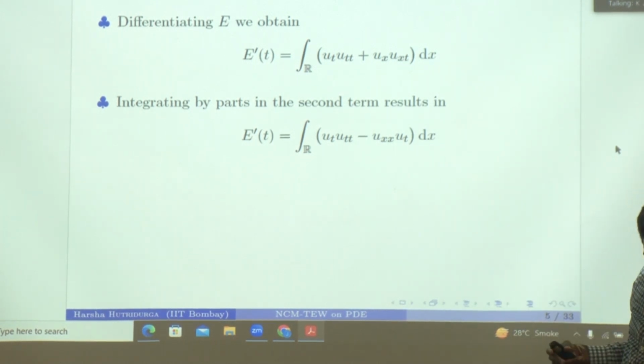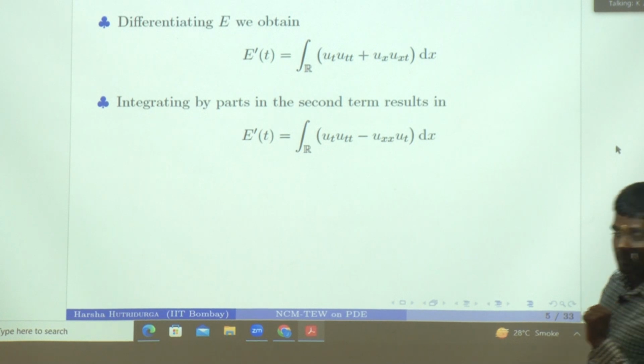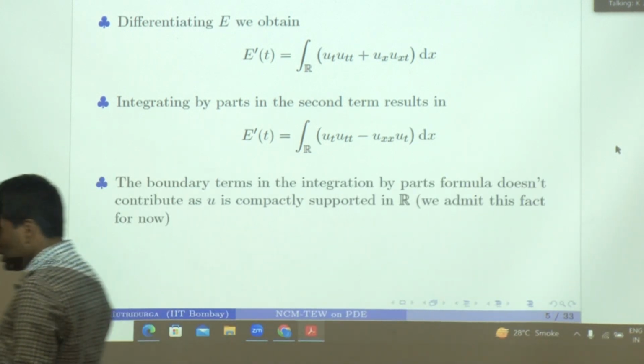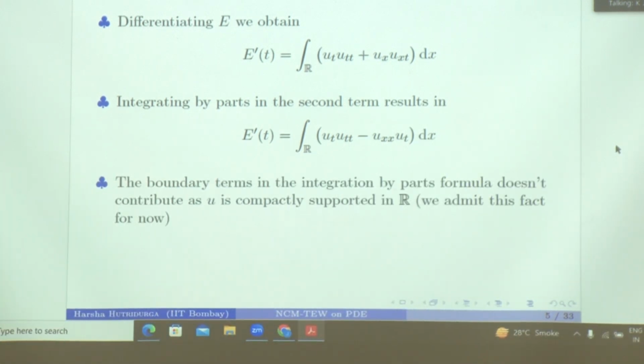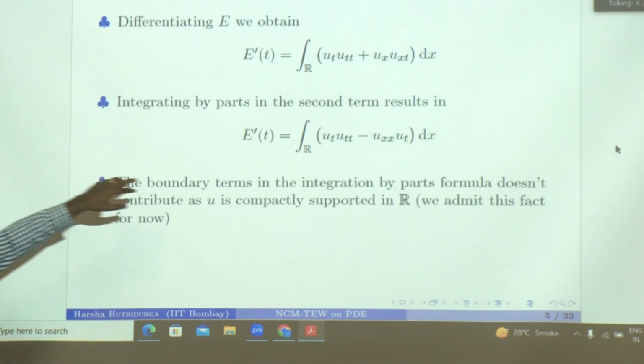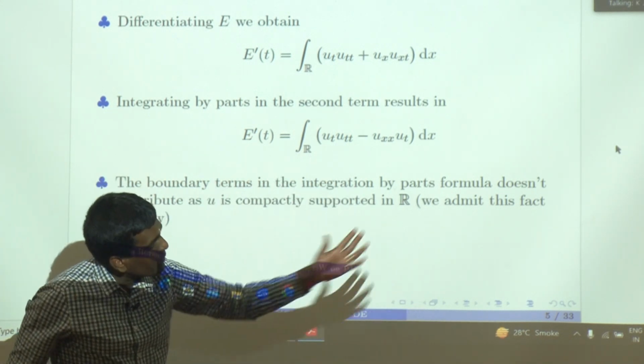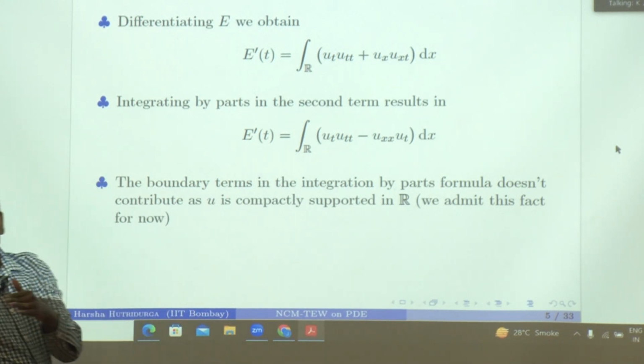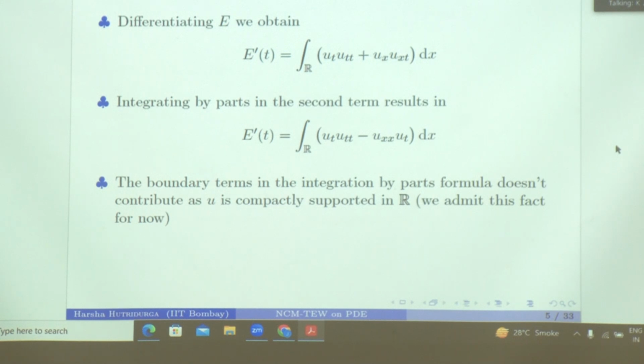You see, this is just one integration by parts, and the boundary terms are not contributing. We assumed that u0 and u1, the initial data, are compactly supported. But when I made the statement that the boundary terms do not contribute, we are essentially assuming that your solution is also compactly supported, and we have not proved that fact yet.